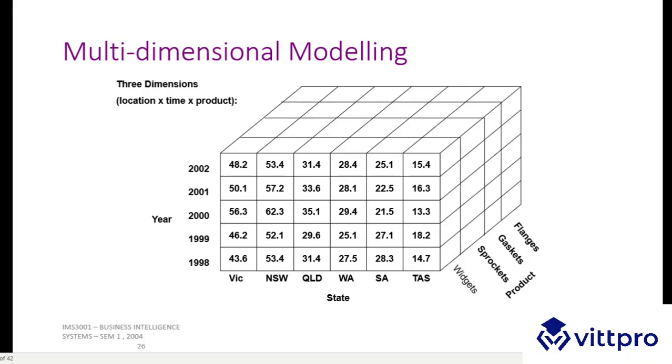And if you want to add more, then you will say sales by state, by year, by product, by salesperson, or by customer. You can add as many dimensions as you want to build into this modeling, but it's going to get more and more complex, though the data will be finer and more useful for your processing.